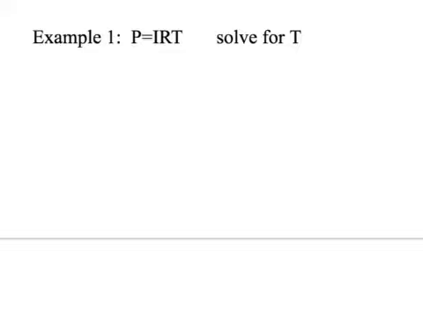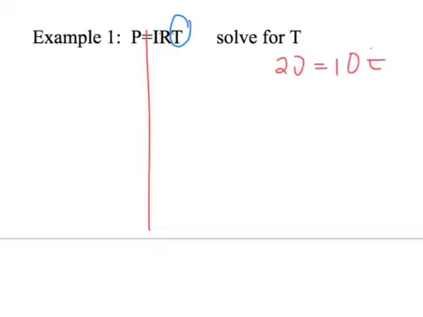Alright, our first example here, P equals I times R times T. Okay, we are solving for T, so I like to circle what I'm solving for because there's all letters here, so it's real easy to get distracted and just start moving things back and forth, back and forth. Okay, if we're solving for T, this is I times R times T. The opposite of multiplication is division, so just like in a regular equation, if this was 20 equals 10 times T, we would move this 10 by dividing because the opposite of multiplication is division.